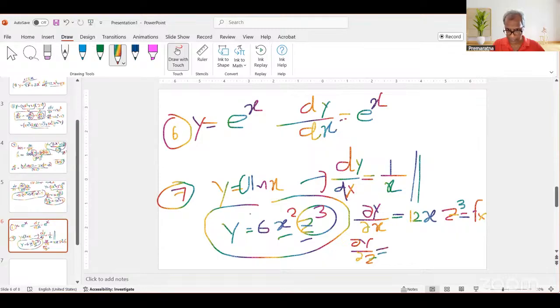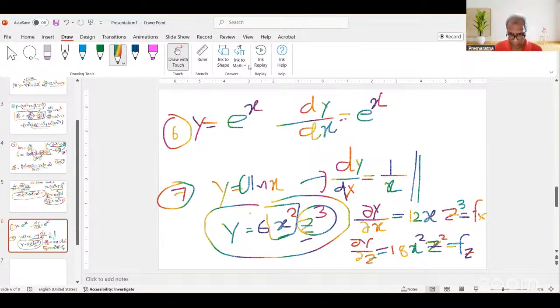There we consider whatever goes with x remains constant, then differentiate z: 6 times 3 is 18, x to the power 2 and z to the power 2. You can write it with the symbol like that.